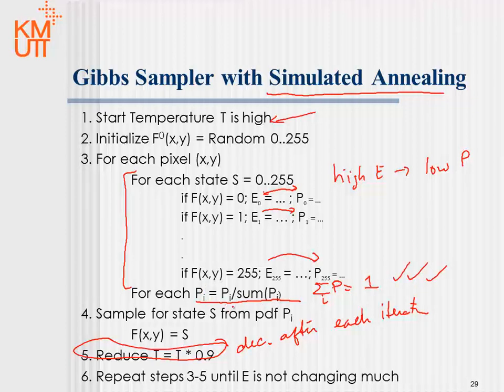Make sure that the probabilities sum to 1, by summing all of these p values together and then dividing. So then you sample from this probability distribution function. That means the chance of choosing this one may be 20%, the chance of choosing this one may be a bit higher, maybe 30%, and this one maybe 20%. So there are other states in between that have probabilities, so they all have probabilities.